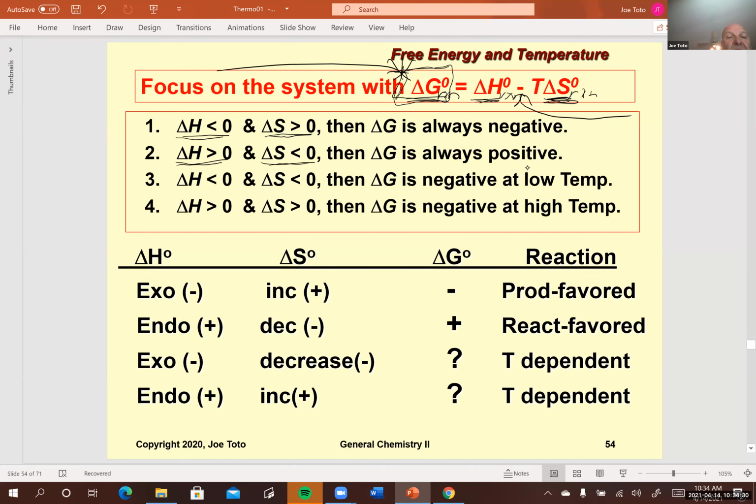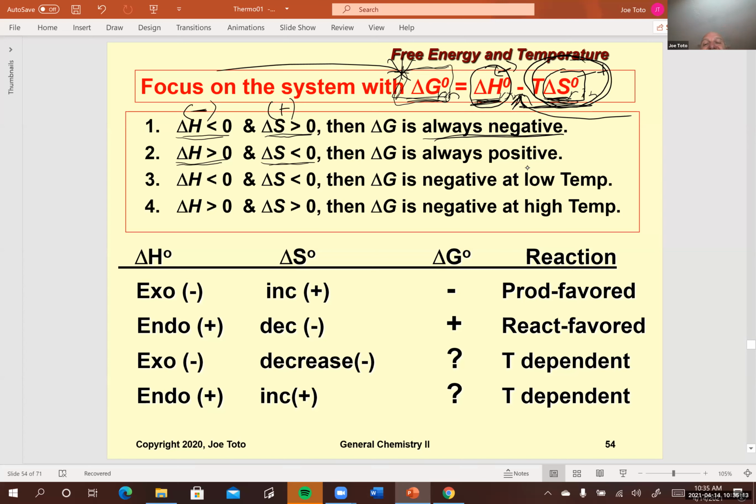So when delta H, for example, is negative and delta S is positive, this term here is going to be negative. This term right here is going to be positive. And because this negative sign here is going to change the sign of this whole factor, delta G is always going to be negative because you have a negative term and a negative term.